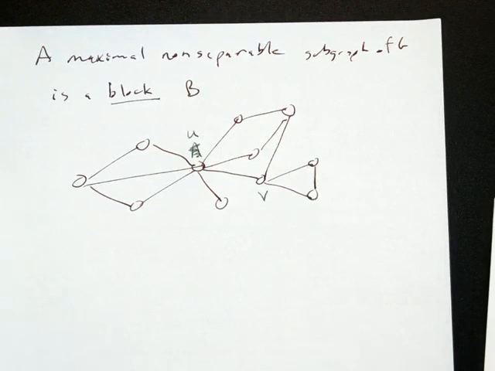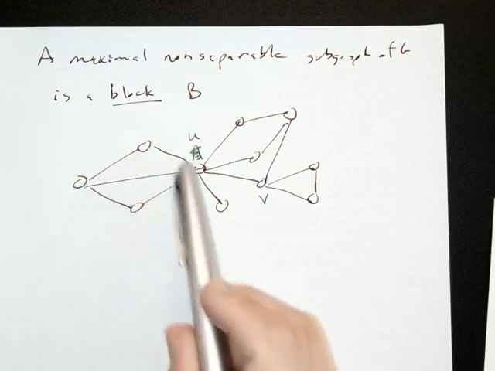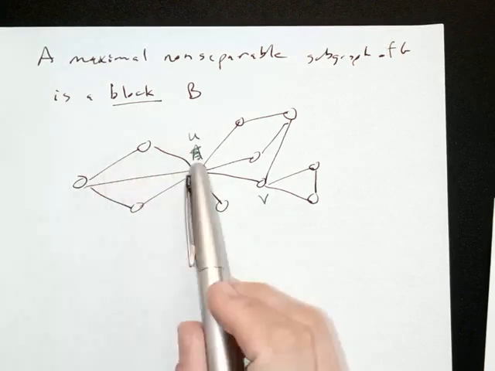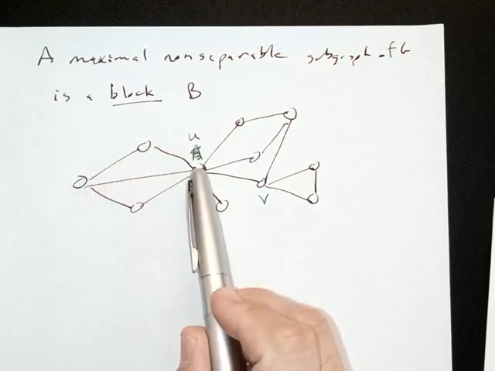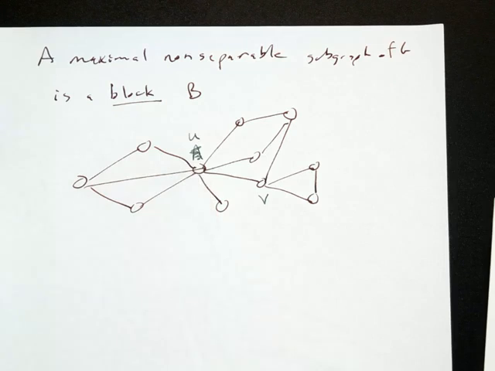Pick any other vertex other than U or V. And let's start looking at the biggest subgraph we can get without crossing one of the cut vertices. So if I start anywhere over here on the left, this set, including the cut vertex itself, that's a block.